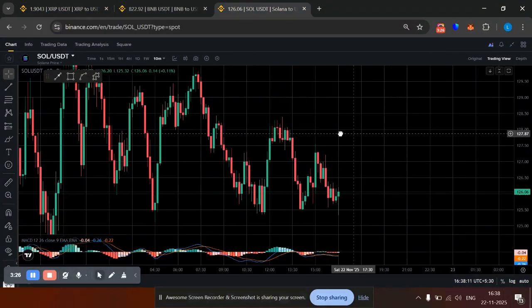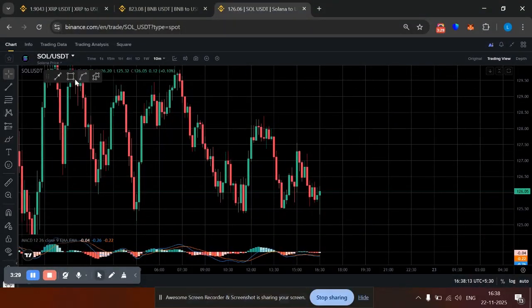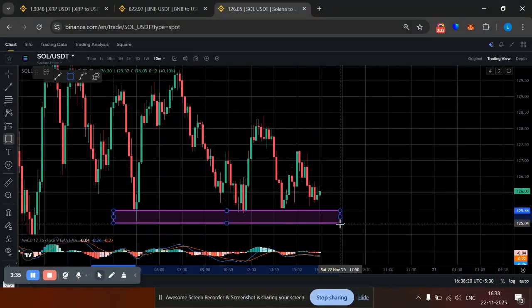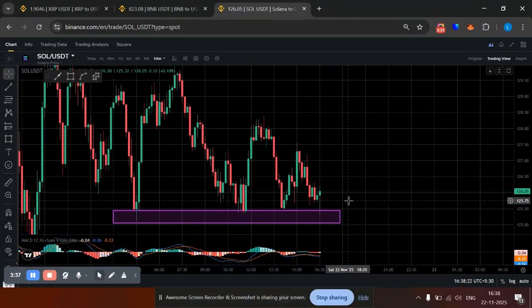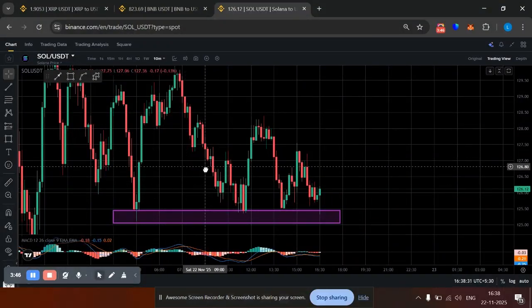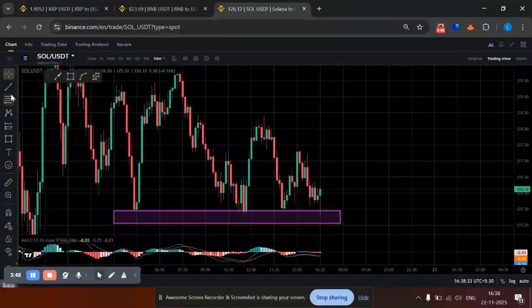Let's look out for them now. First of all, market support and resistance. Again, what is support? Support is where buyers are more, or the sellers are getting less and buyers are getting more while respecting this area, because it has been retested 3 times.